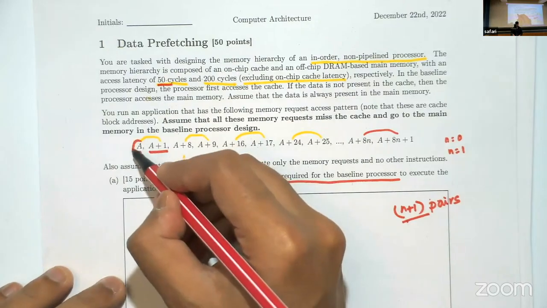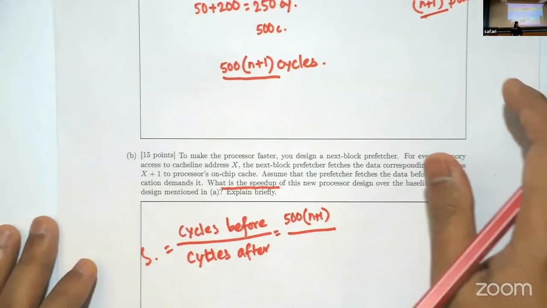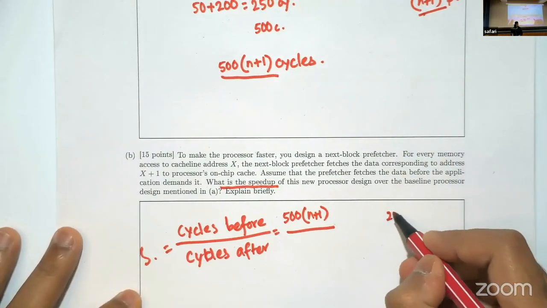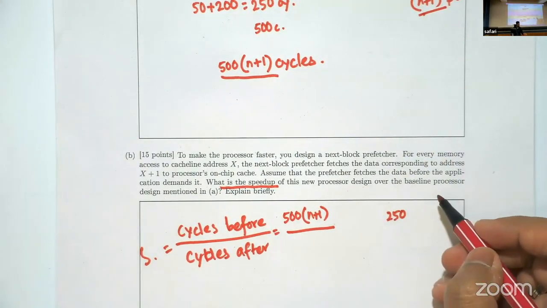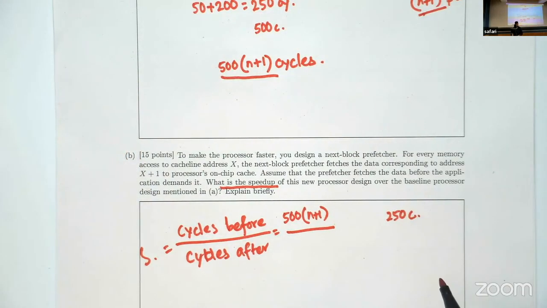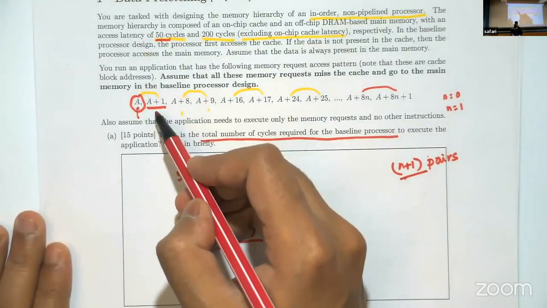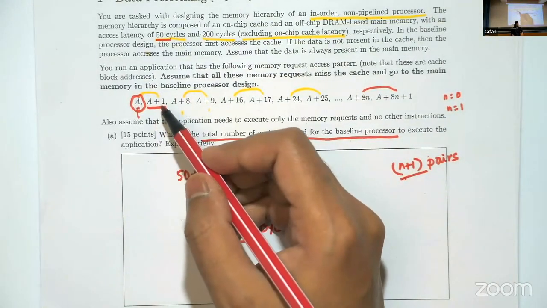A would again take 250 cycles, because 50 cycles for accessing the cache, 200 cycles for accessing the main memory. But when you access A plus 1, it would already be prefetched into the cache.